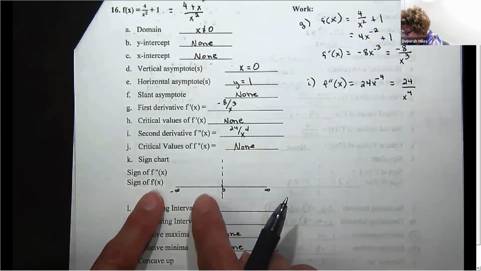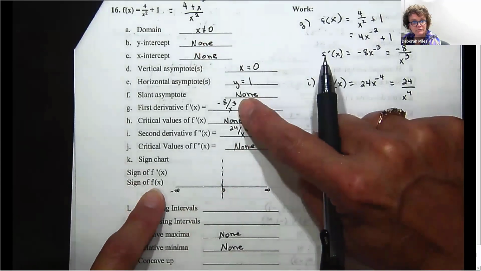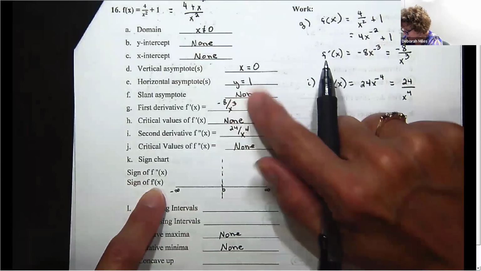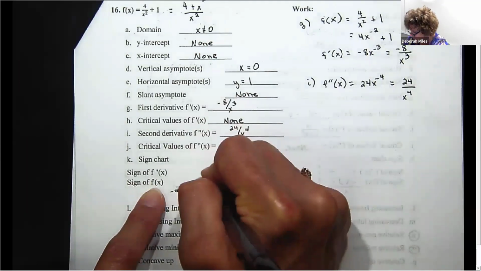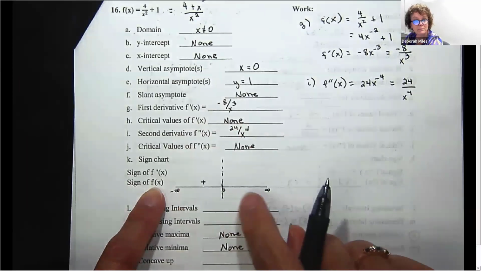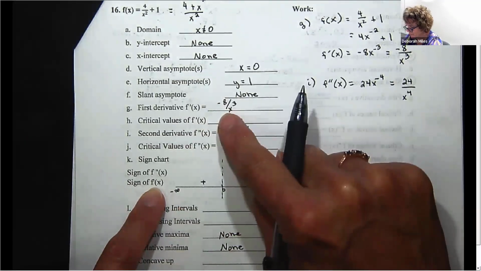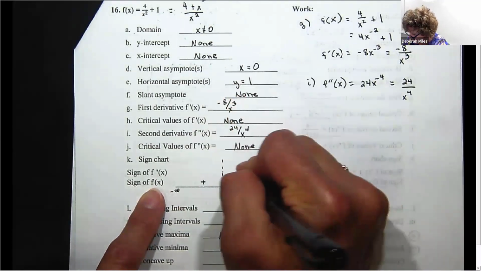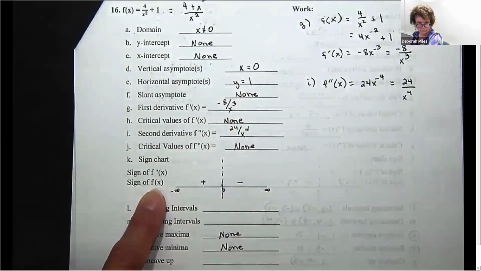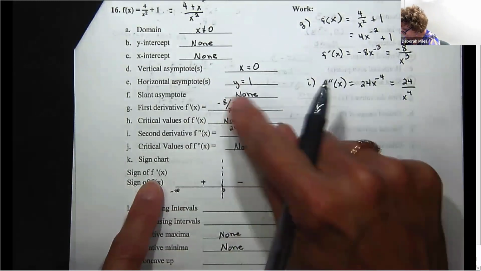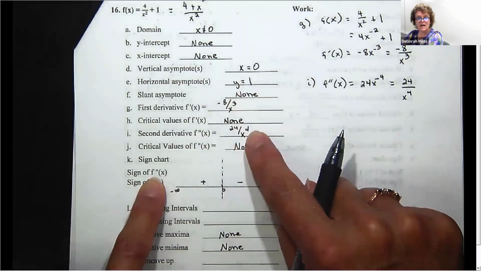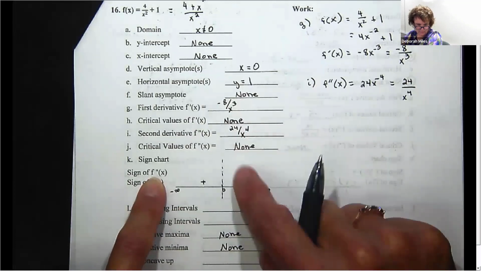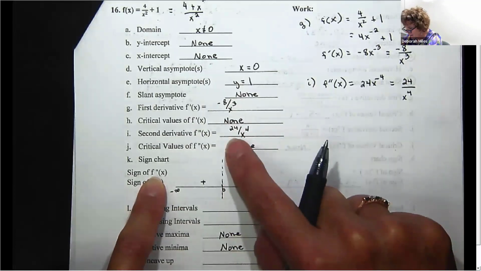To the left of 0, here's my first derivative. If I put in a negative number, I have a negative divided by a negative, which is positive. If I put in a positive number, I have a negative divided by a positive, which is negative. The second derivative is not going to be negative no matter what I put in, except for 0; it's going to be positive everywhere.